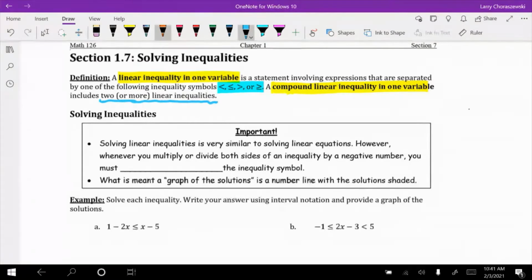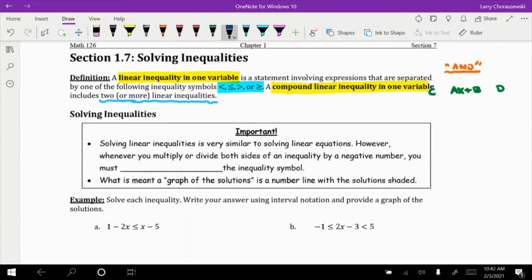And there are really two types of compound inequalities. There's something known as the AND compound inequality. And with an AND compound inequality, you usually have some sort of algebraic expression, I'll write it as ax plus b, set between two different numbers, which I'm going to put a generic c on the left and a generic d on the right.